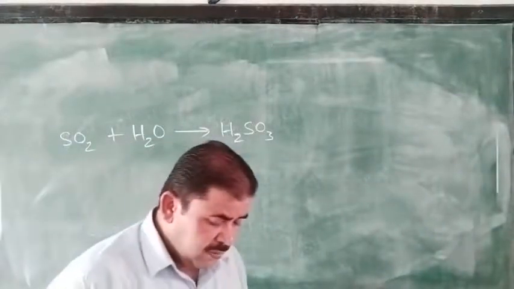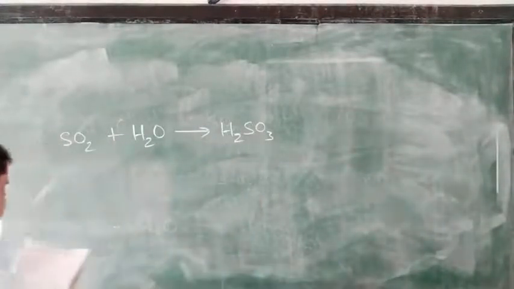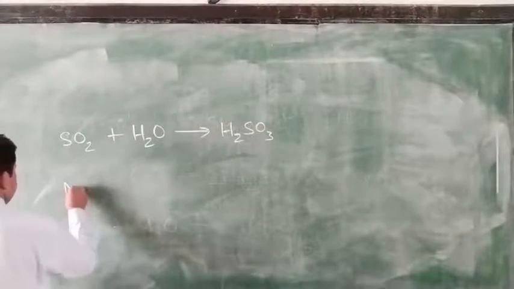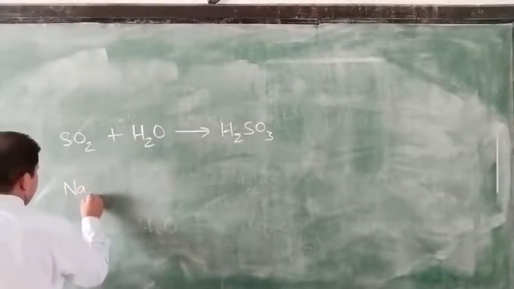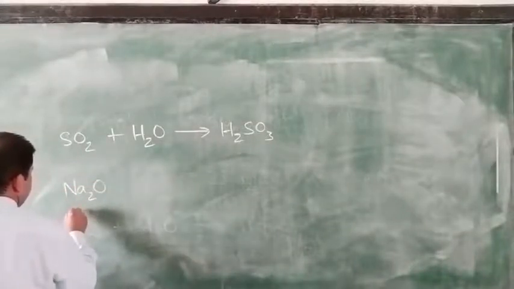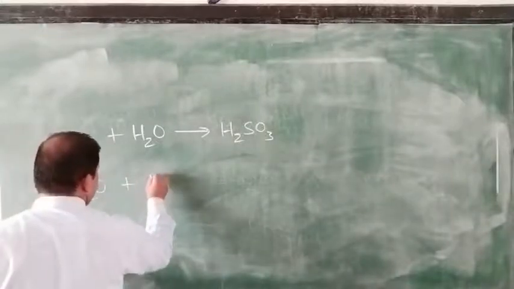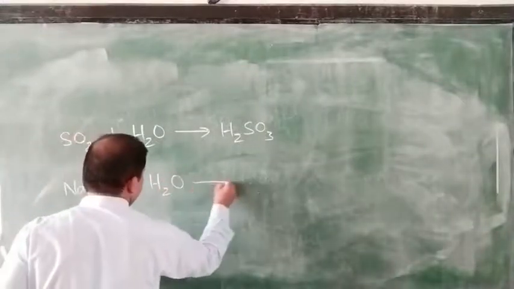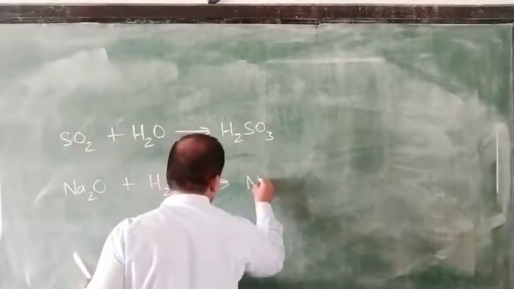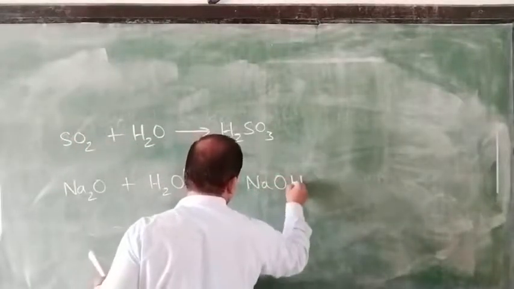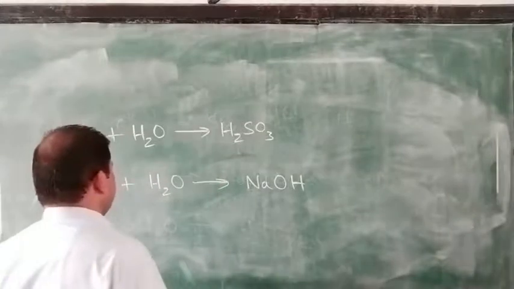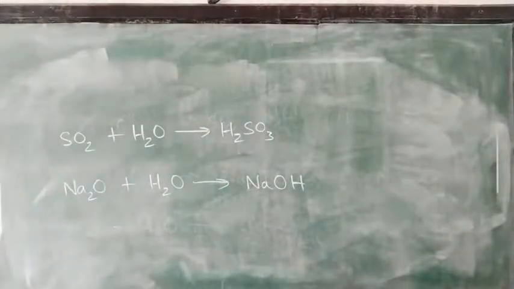And an alkali from a basic gas, sodium oxide. So basic gas means Na2O. Na2O reacts with water, we get sodium hydroxide. The alkali we will get is sodium hydroxide. So these are the combination reactions.